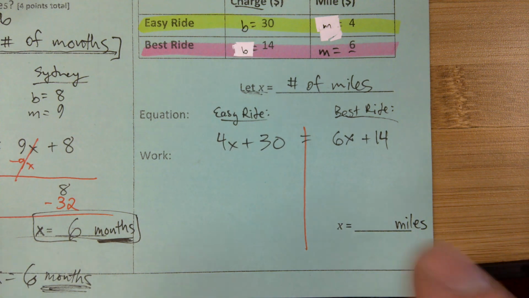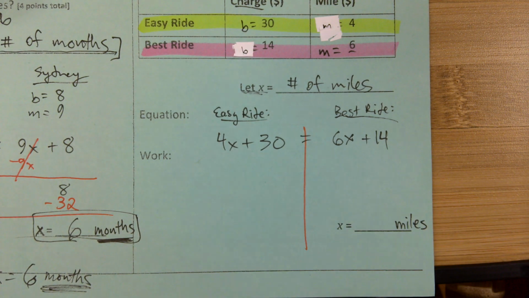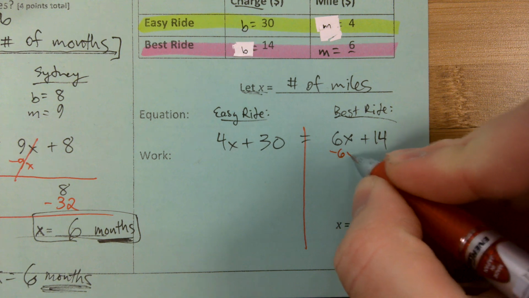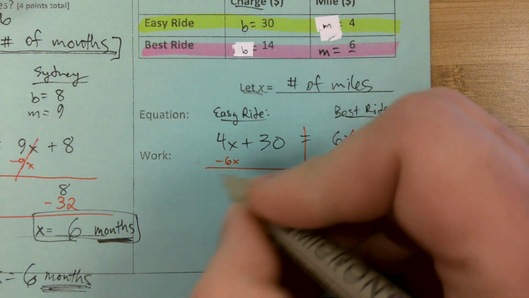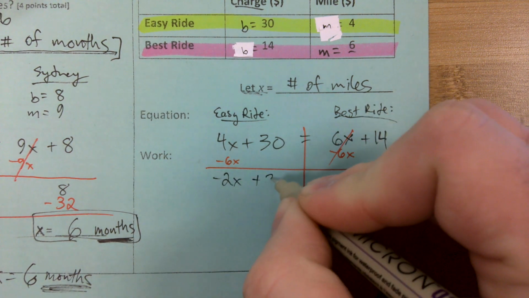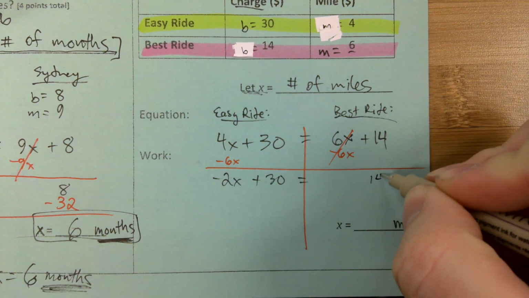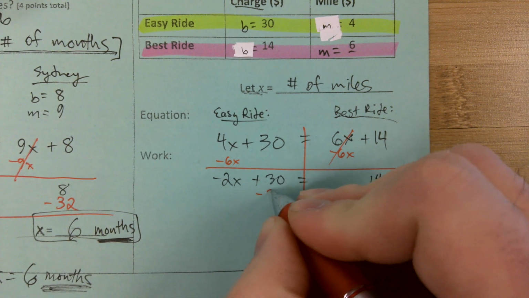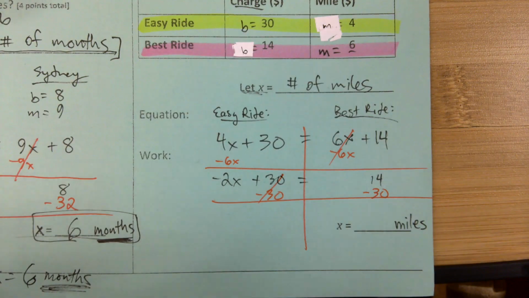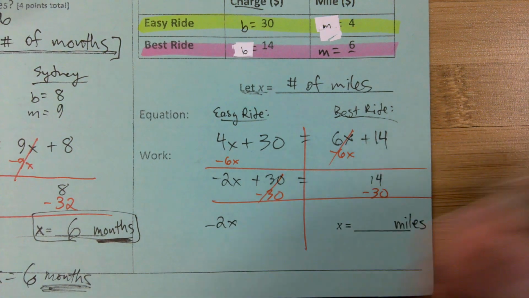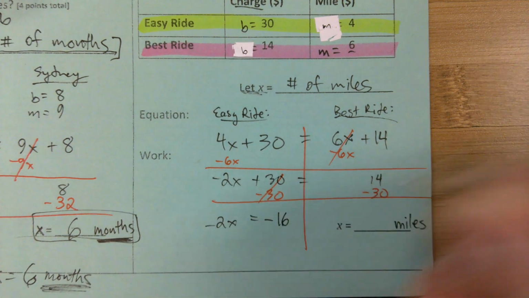Because like I've been saying, setting it up is the hard part. Now all we're going to do is bring 6x over to the left, giving us negative 2x plus 30 equals 14. We're going to subtract 30 from both sides to get negative 2x equals negative 16.